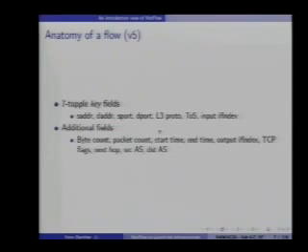So a flow version 5 has the key fields like source and destination addresses, source and destination port, the layer 3 protocol information, type of service, and the input IF index, and then some additional fields like byte count, packet count, the start and end time of the flow, the TCP flags when available or when relevant, of course, and some routing information like next hop, source and destination AS when available.